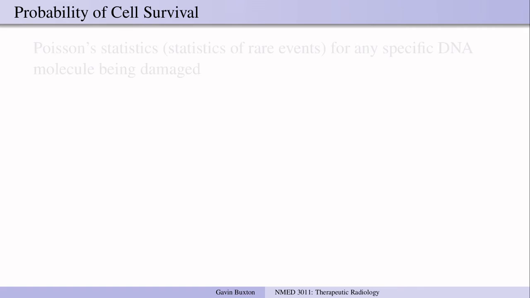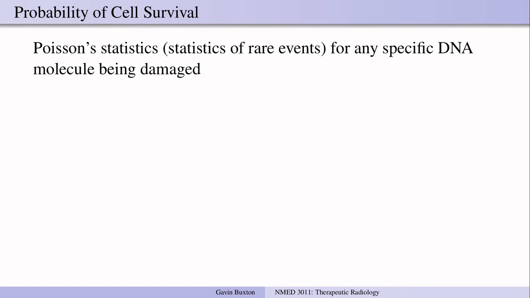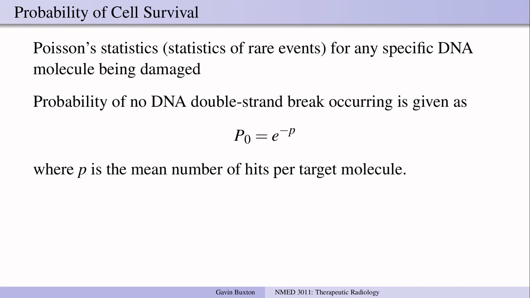Mathematically, we can use the statistics of rare events because the probability that any specific DNA molecule is going to be damaged is very low. In particular, Poisson statistics gives the following equation for the probability that no double strand breaks will occur, where P is the mean number of hits per target molecule.